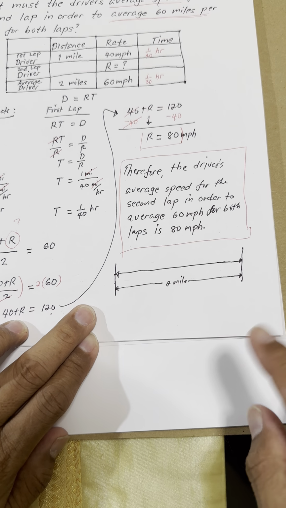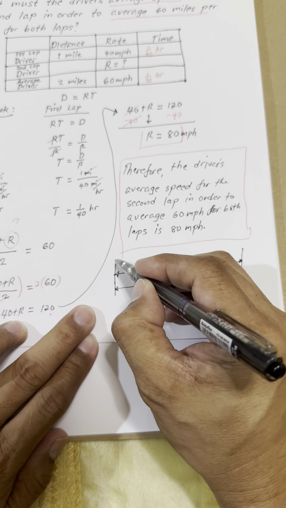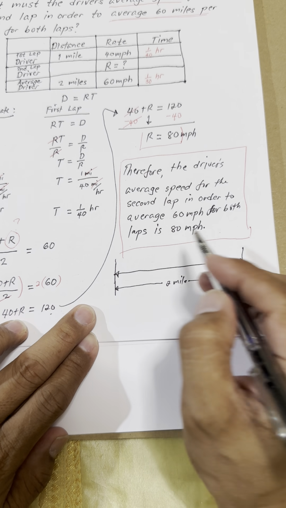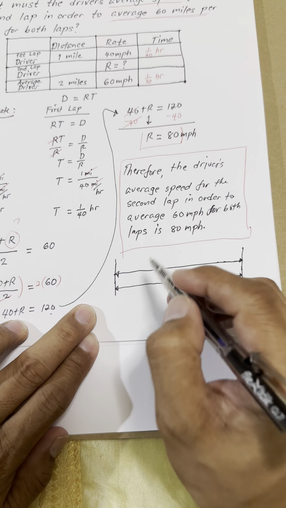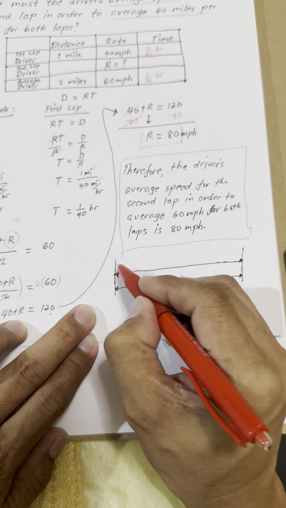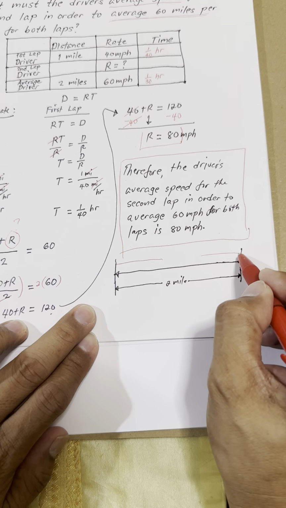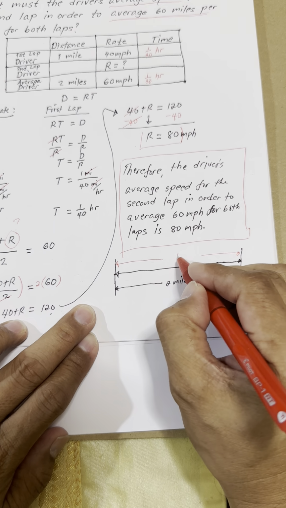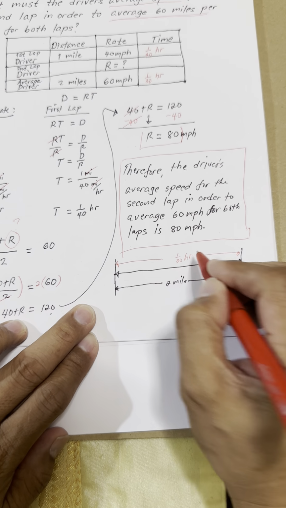And to qualify, the driver should have an average for 2 laps of 60 miles per hour. Or in terms of time, the time here must be as calculated, that is 1 over 30 hour.